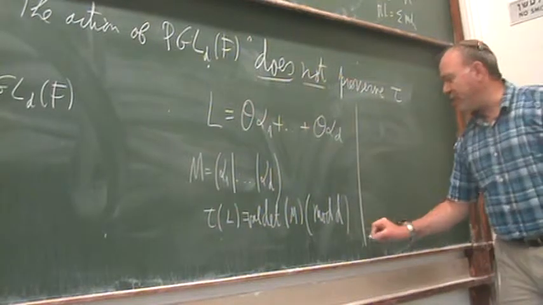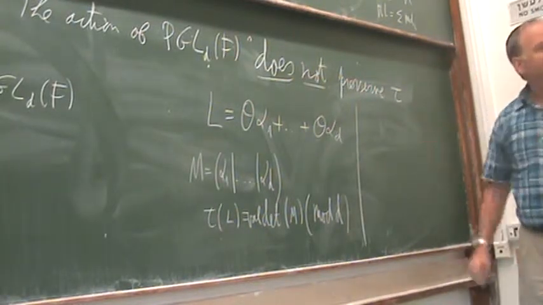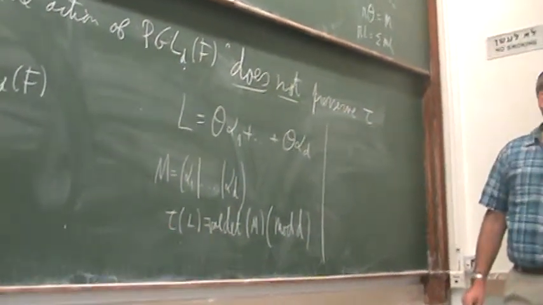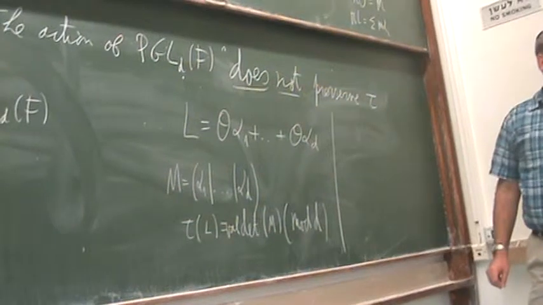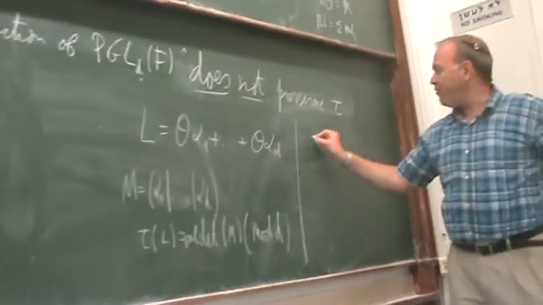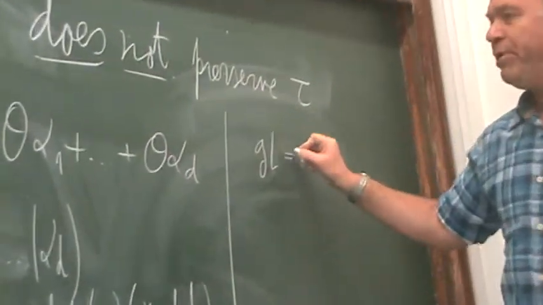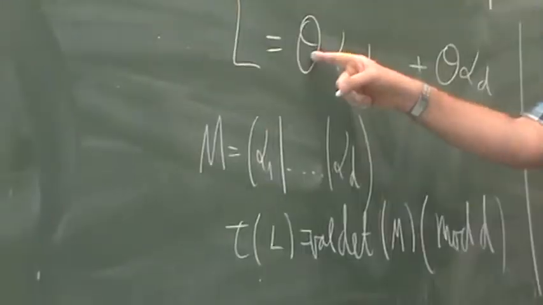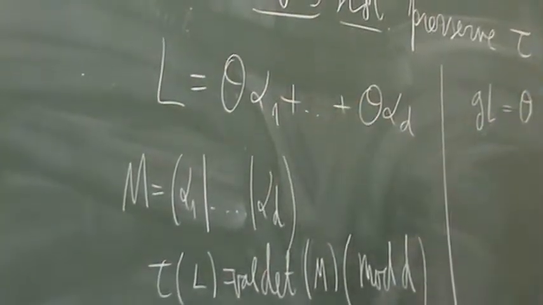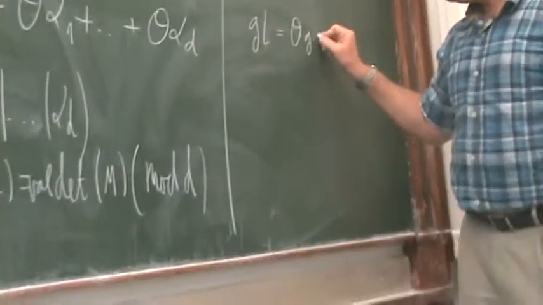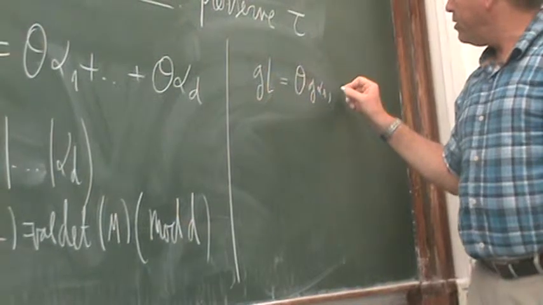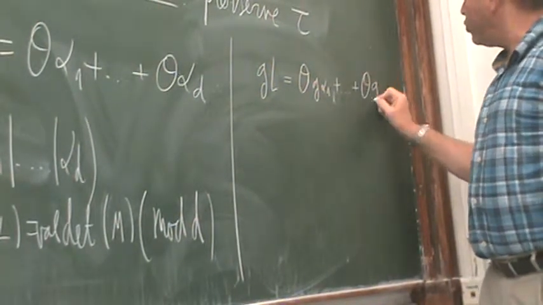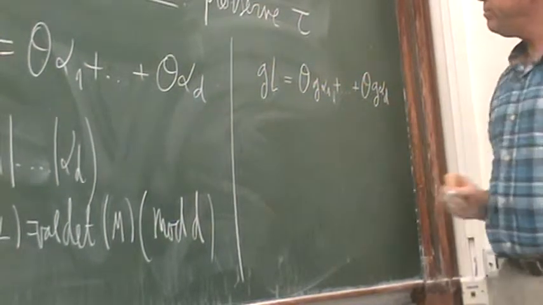Now let's see what would happen if we apply G on that L. What would happen to the coloring? So G of L will be O G alpha_1 plus ... plus O G alpha_d, since G is a linear map, so multiplication by O can be taken outside.